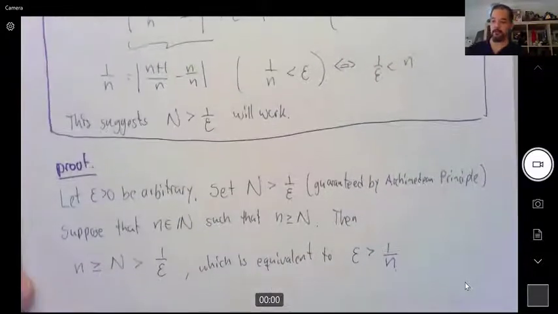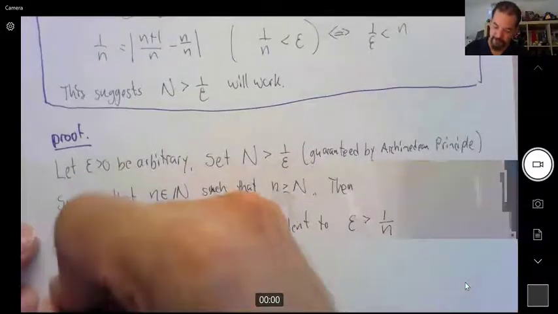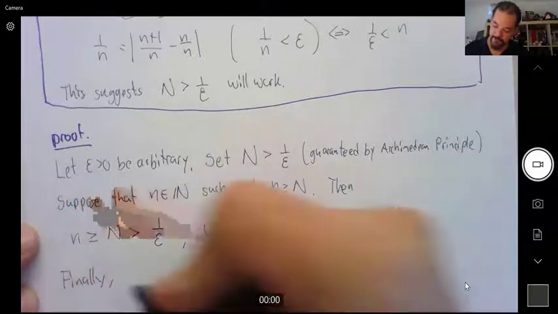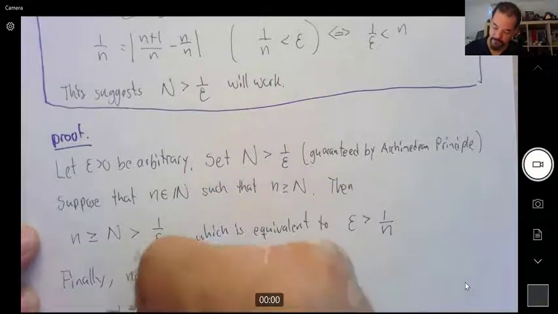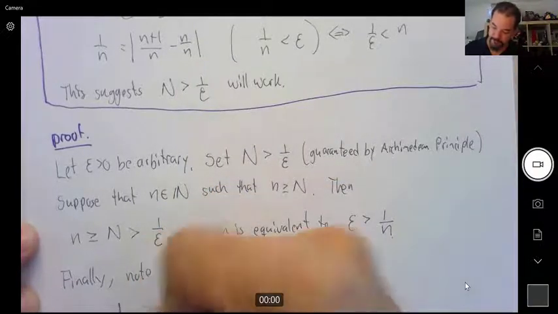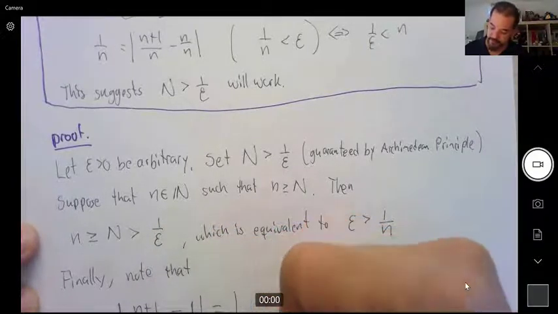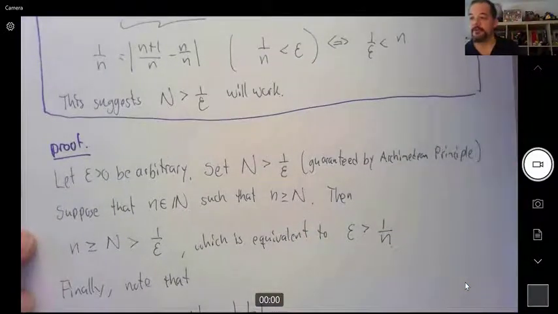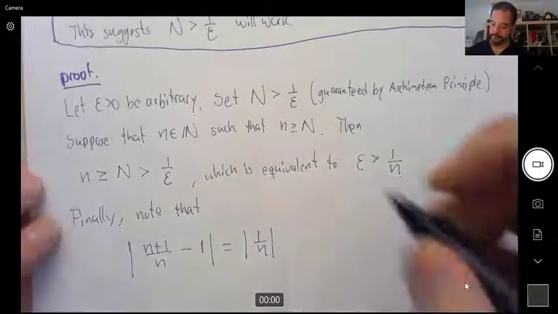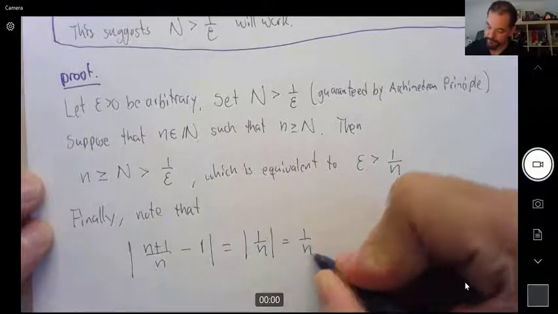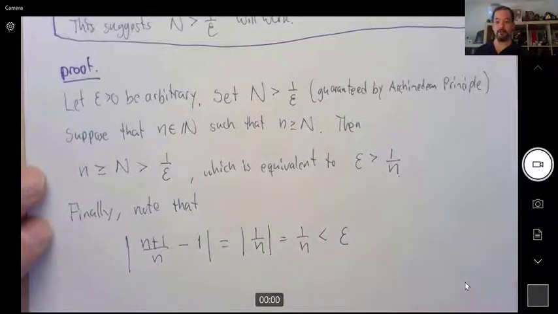And then, so finally, note that this expression, n plus 1 over n minus 1, is the same as the absolute value of 1 over n, which is equal to 1 over n, which is smaller than epsilon. And we are done, right?